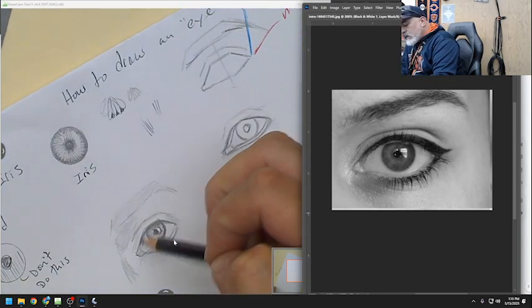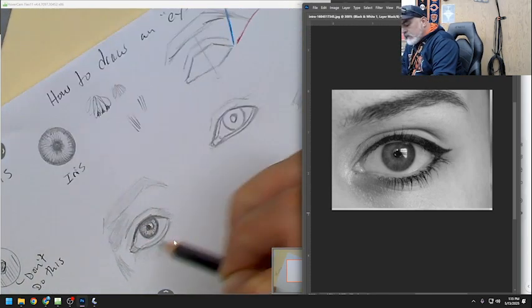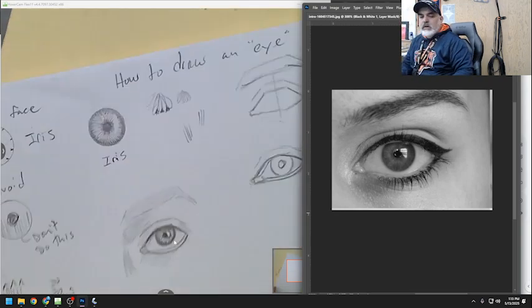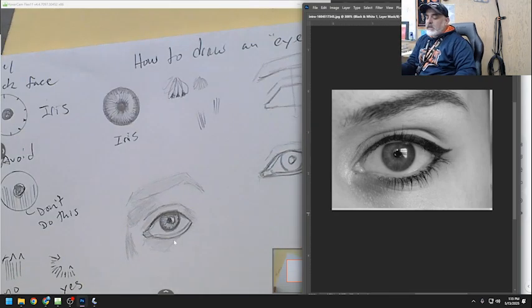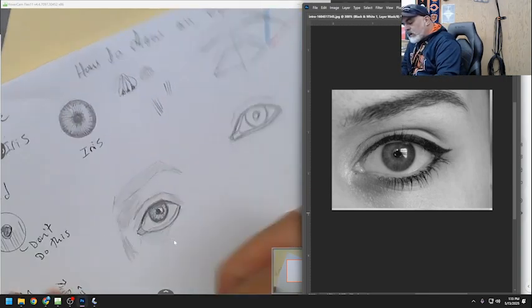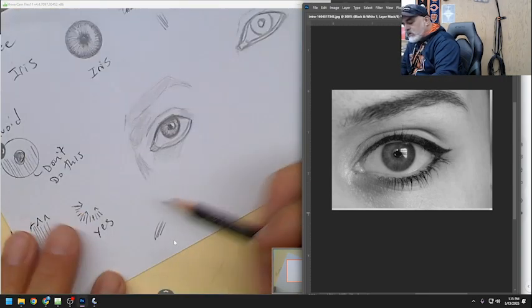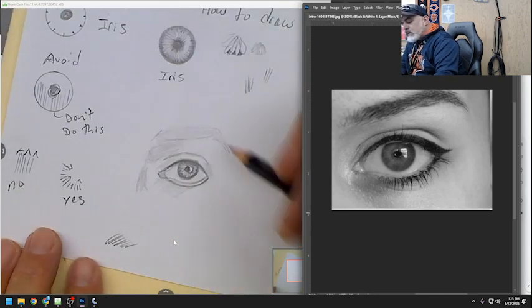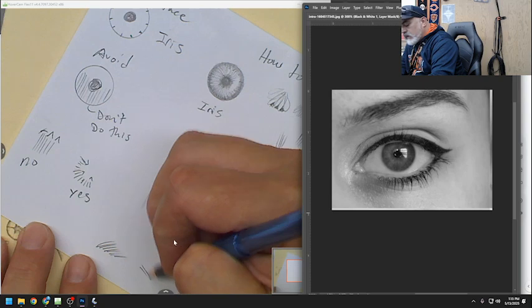And once I have all this kind of laid in, what I want to do now is I want to go in and I want to start shading my other pieces. So for my eyebrow, we're going to do hatching. So we're going to just do like this. Okay, and then on the other side, we're going to go this direction.